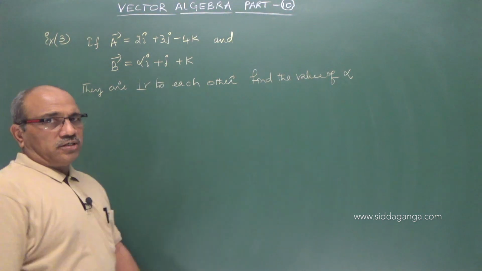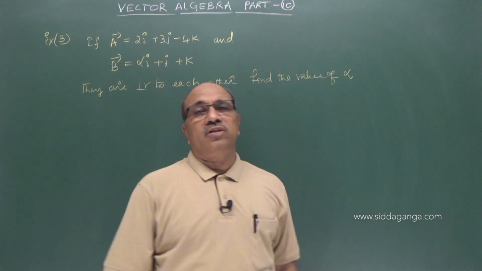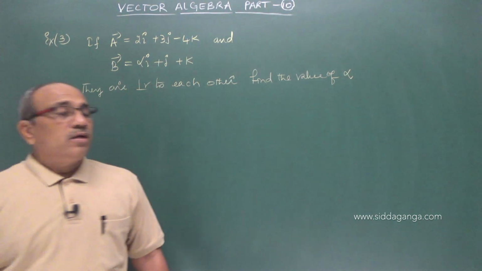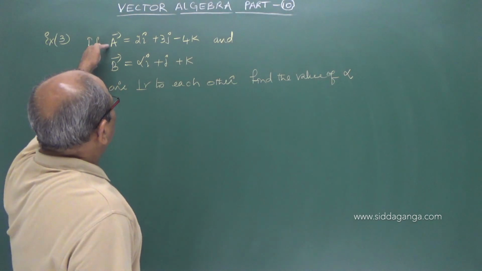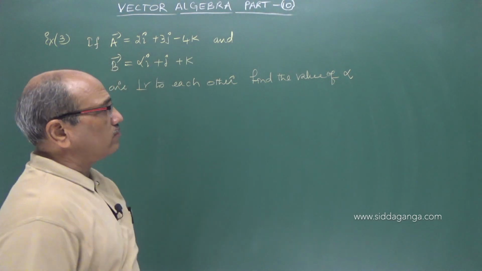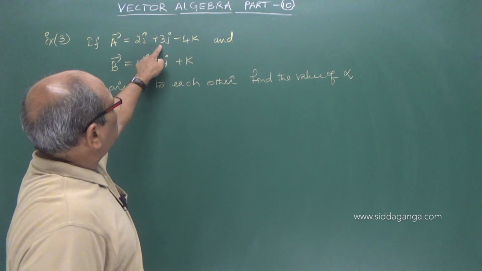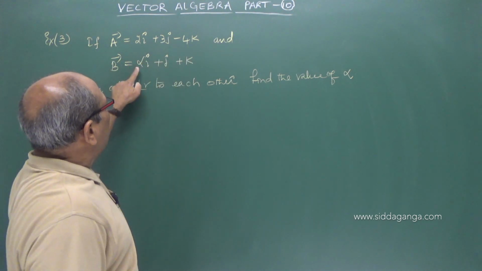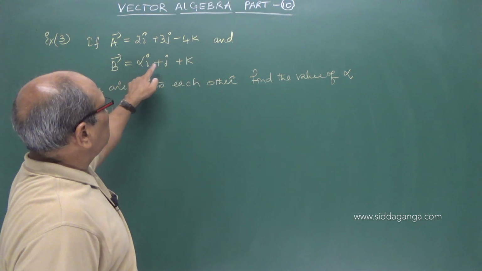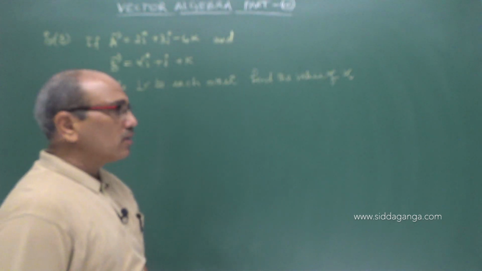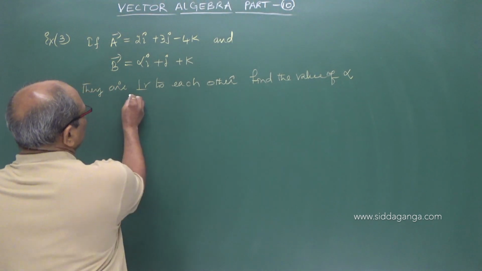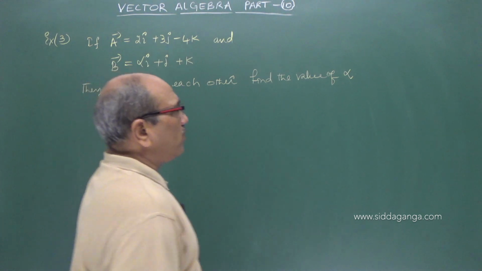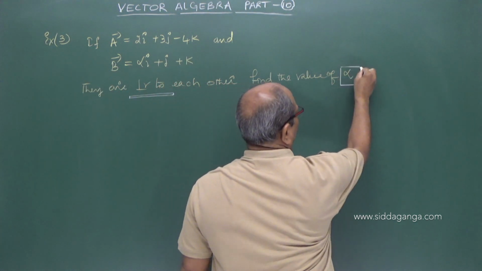See the question here. It appeared in the JEE paper. They have given two vectors, and here 2, 3, 4 are the coefficients of AX, AY, AZ. Alpha value is not known. But the condition given is that they are perpendicular to each other. To find the value of alpha, how much?